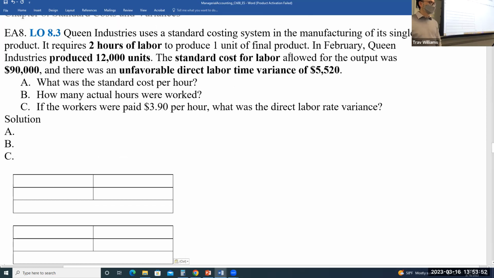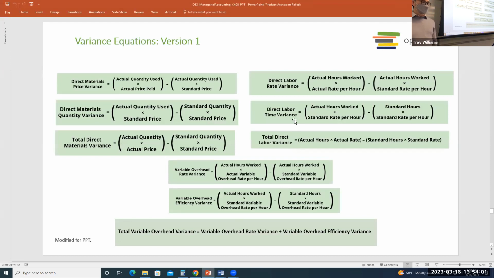So if we need to figure out the standard cost per hour for labor, here are our labor formulas. Standard rate per hour. Again, if we look at this first formula, we have standard rate per hour only one time. So if we have all of this other information, we'll be able to figure this out.